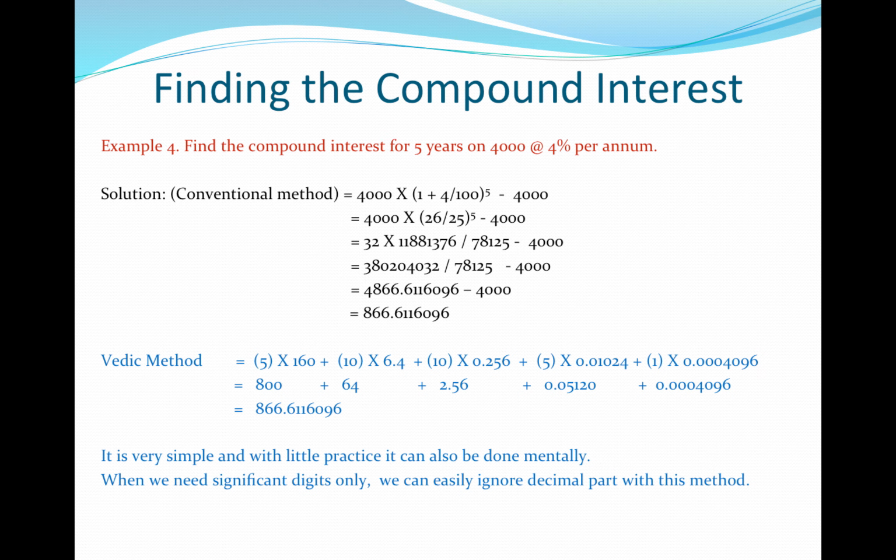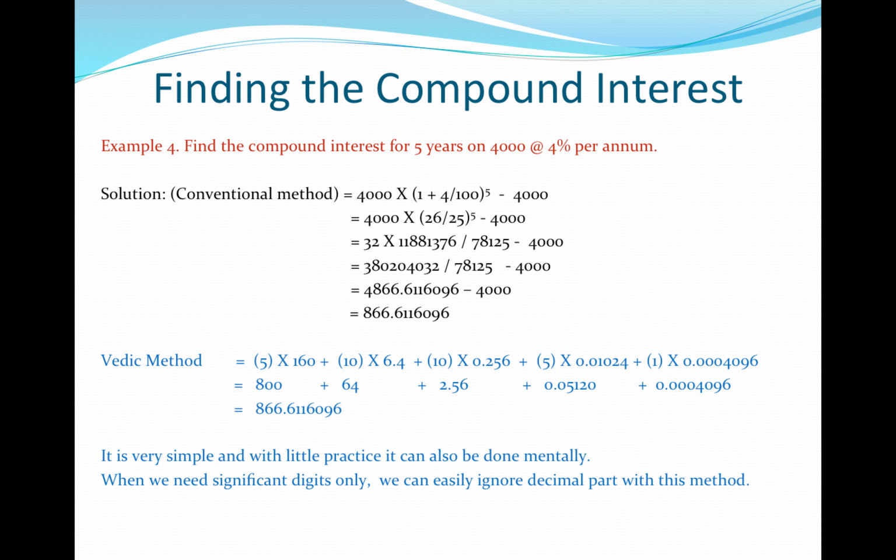In the pattern table for 5 years, we have the values 5, 10, 10, 5, 5. So first calculate 4% of 4,000. We can easily find it mentally. So 1% is 40 and 4% is 160.